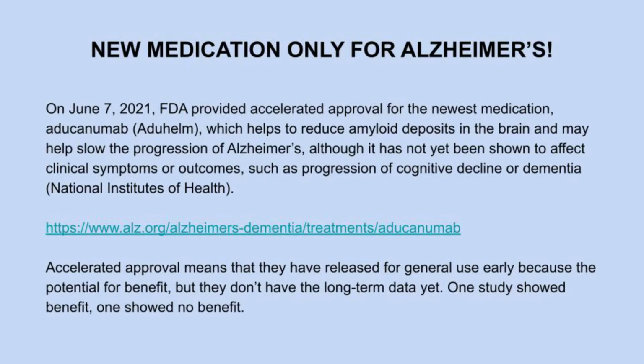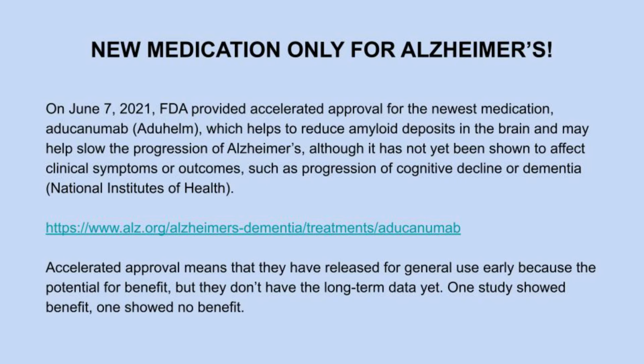So I do want to mention that there is a new medication only for Alzheimer's. And while this is actually pretty exciting news, it has also been called a lackluster medication with a high price tag. So on June 7, 2021, the FDA provided accelerated approval for the newest medication, and this is called Aduhelm.